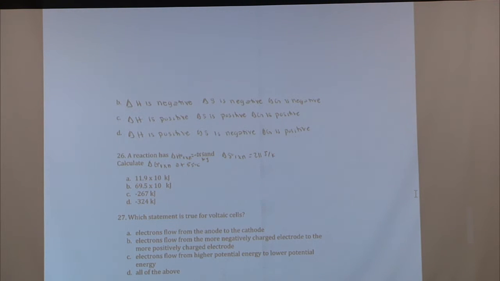Okay, number 26 says a reaction has delta H reaction as negative 255 kilojoules and delta S reaction as 211 joules per Kelvin, and I want you to calculate the delta G reaction at 55 degrees Celsius.